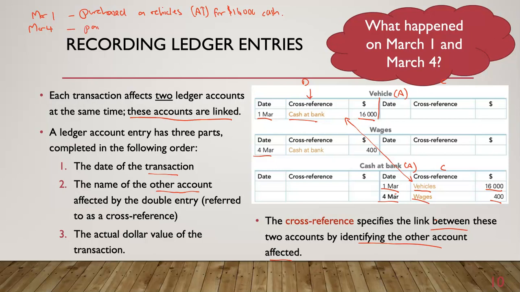Well, I simply paid wages of $400. And if I look at the next ledger, I have wages there and expense. Expenses have gone up with debits, and this has gone up because I've paid it, I've recognized it. And this is how we start to use it.